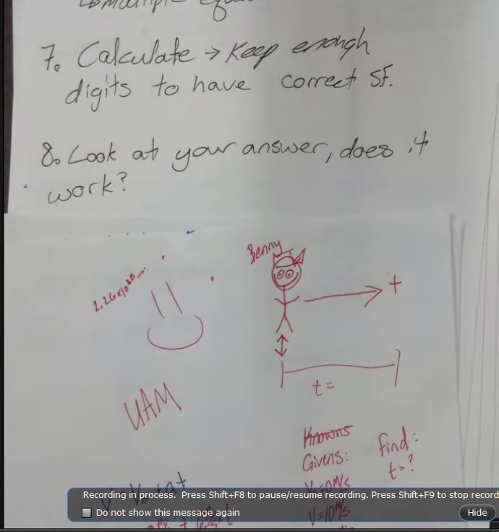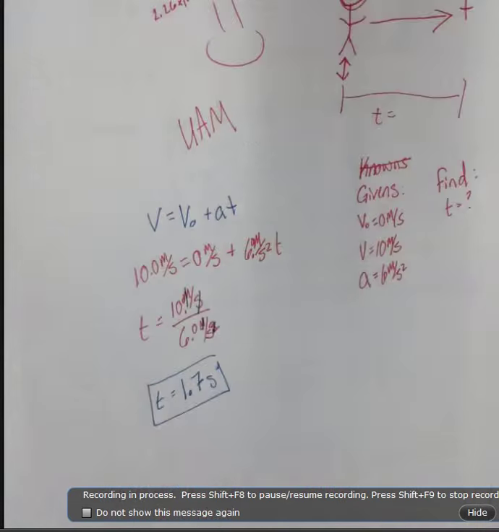Now we're going to look at our answer and consider whether or not it works. You can use an order of magnitude to decide, or you could just look at it and say, well, okay, Benny's accelerating from rest 6 meters per second every second. So in the first second, he's traveling 6 meters per second, so he has covered about 3 meters of distance.